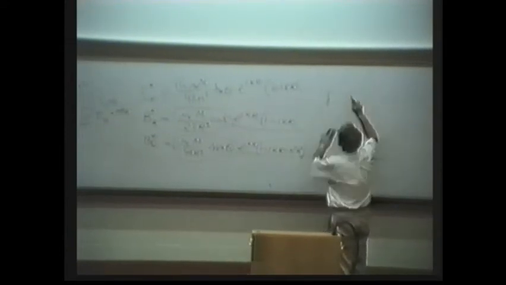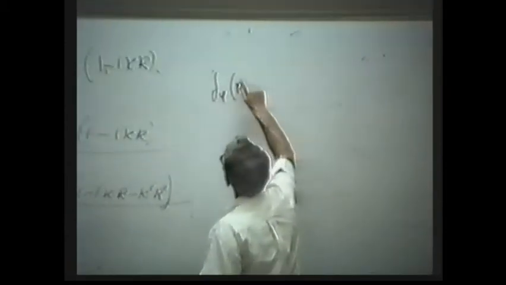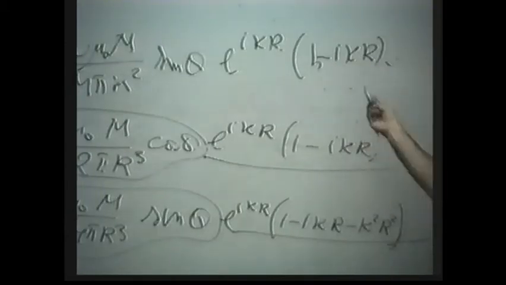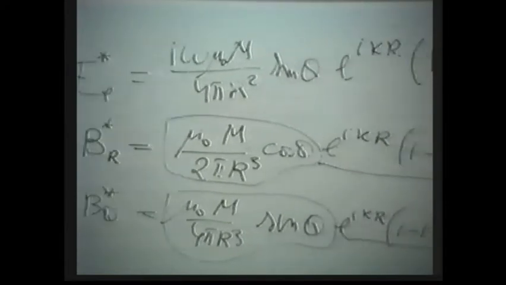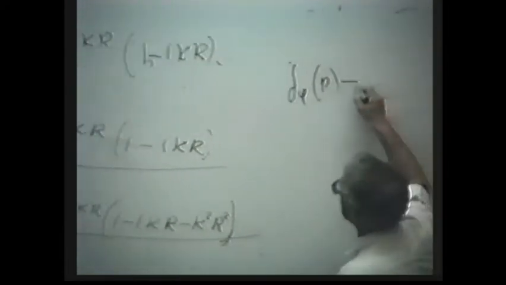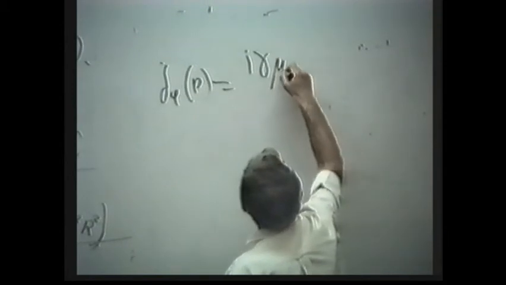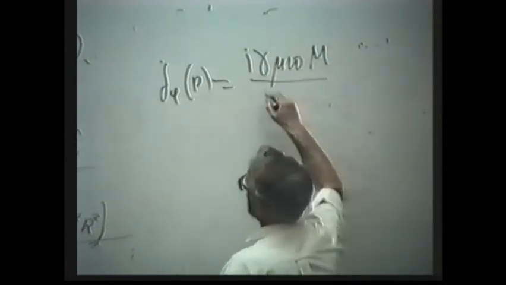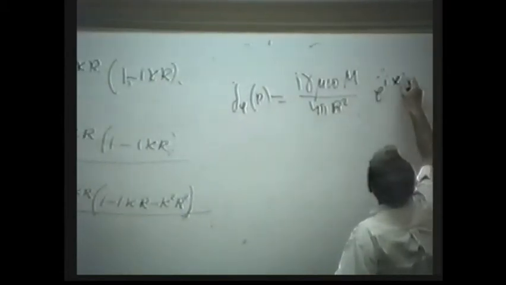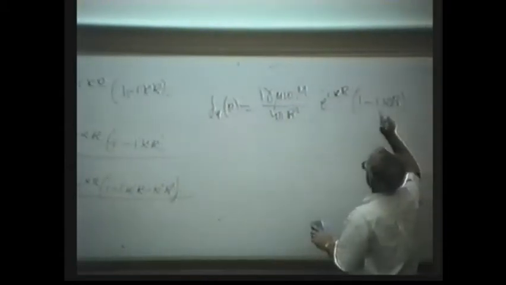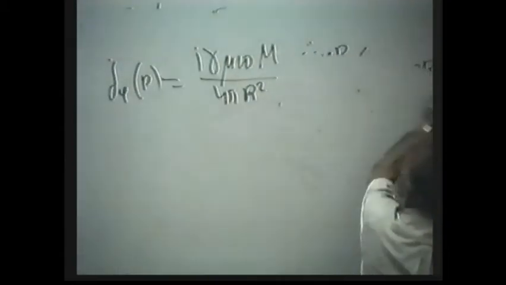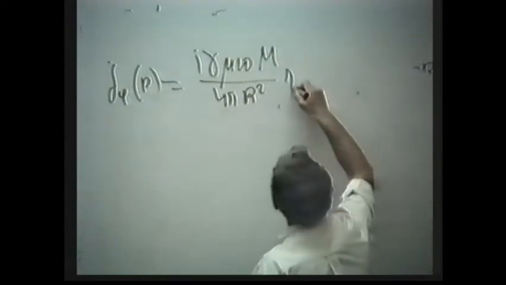Current density at each point equals conductivity times this coefficient, Ohm's law. All physical laws are valid. Equals i gamma mu omega m over 4 pi r squared, e to the ikr times (1 minus ikr), and it's not too bad to write sine theta, which I missed bravely.